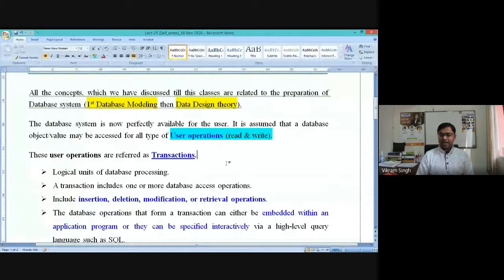These kinds of operations we assume in real life, and each action of the user on the database system will be considered as a transaction. Like in our case, we go into the IRCTC system, log in, and inquire about the possible list of trains available between the source and destination.